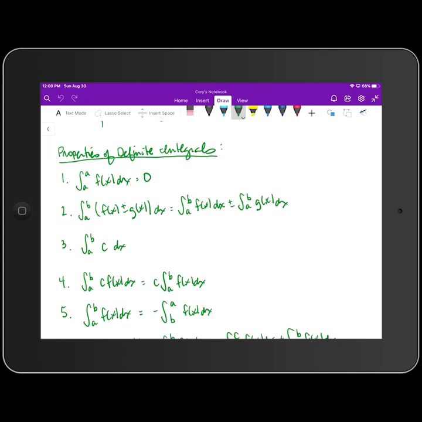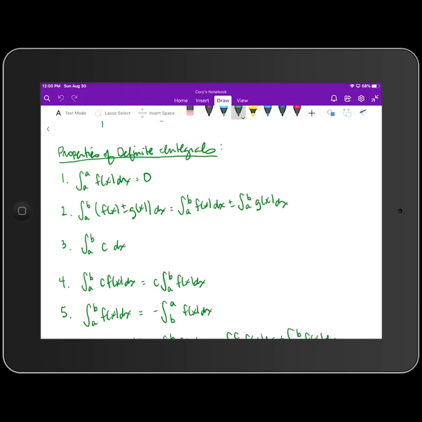So if you have the sum or difference of 2 or more functions, you can separate that into taking the integral of each function and then adding or subtracting the results.